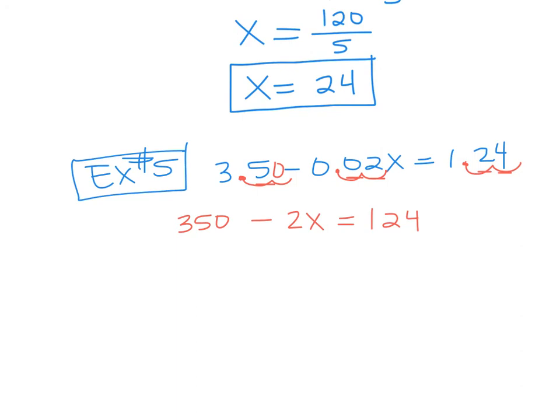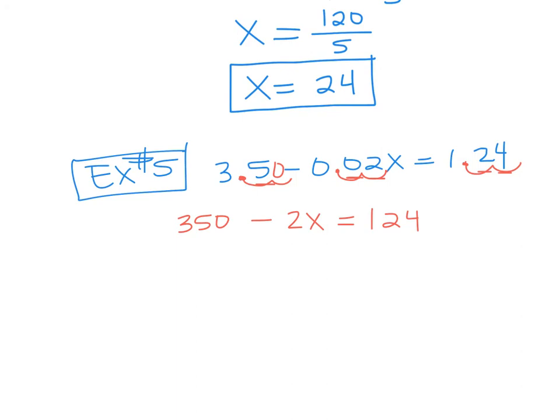Okay, think of it this way. If we have 350 minus 2x, think of it as 7 minus 4. We're just using a 7 and a 4 instead now. This 7 is positive or negative? It's positive, and then we're subtracting a 4. So now go back up to this problem.